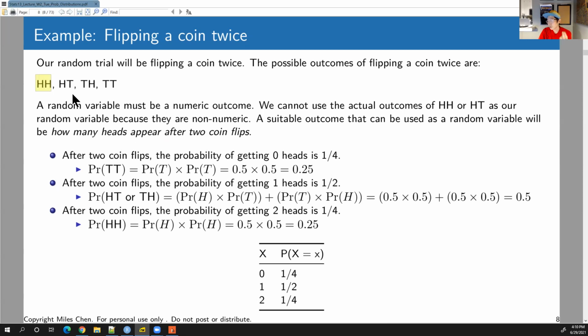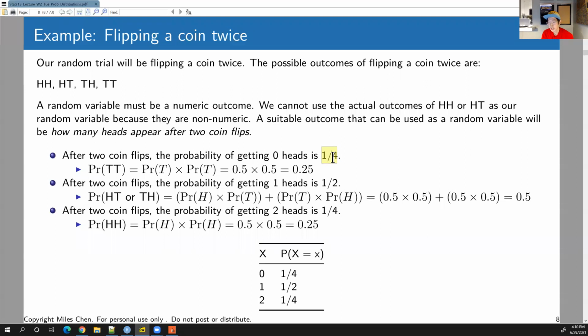We have to record some kind of numeric value. So we can say, how many heads appear after 2 coin flips? If the coin lands tails, tails, then we would have 0 heads. And the probability that the coin lands tails, tails after 2 flips is going to be 1/4.